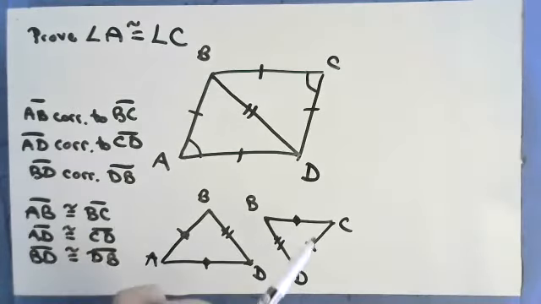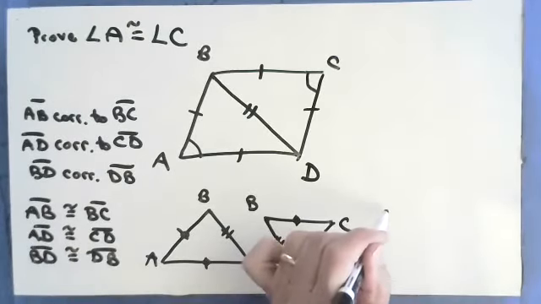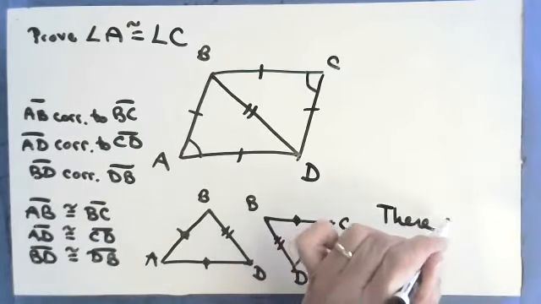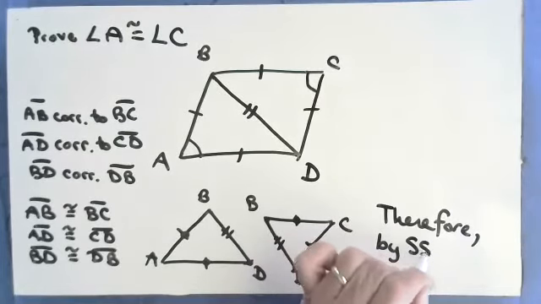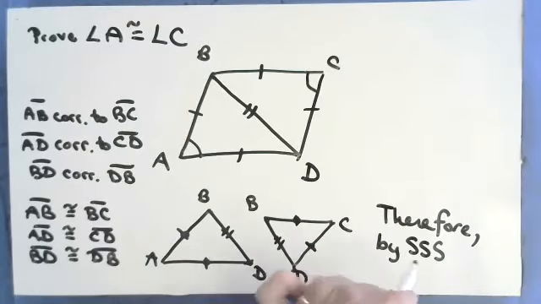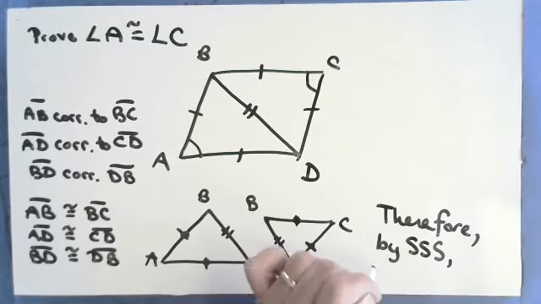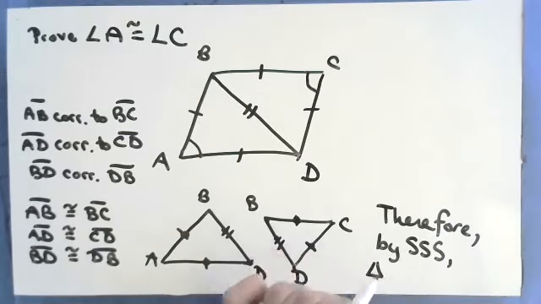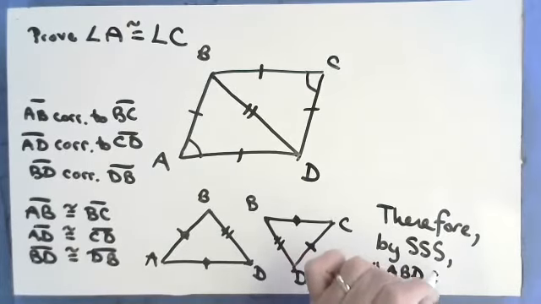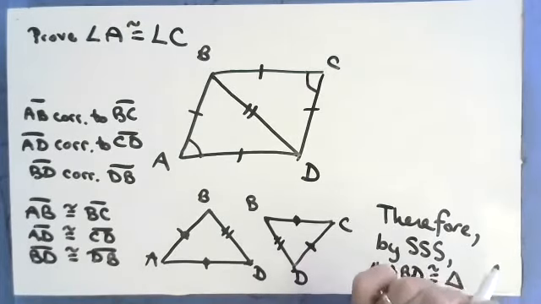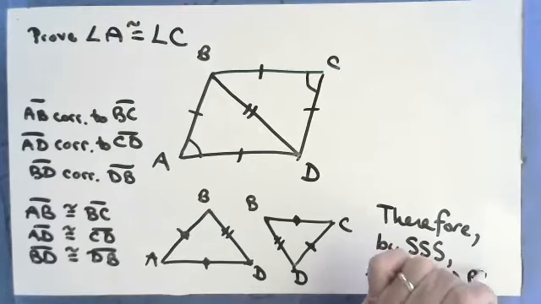So we've set up the corresponding sides. We've shown that the corresponding sides are all congruent, and we say, therefore, by the side theorem, so we say by SSS, the triangles, so we'd say triangle ABD is congruent to triangle BDC.